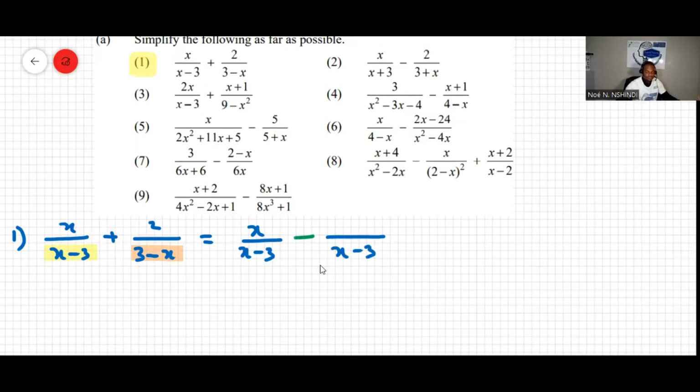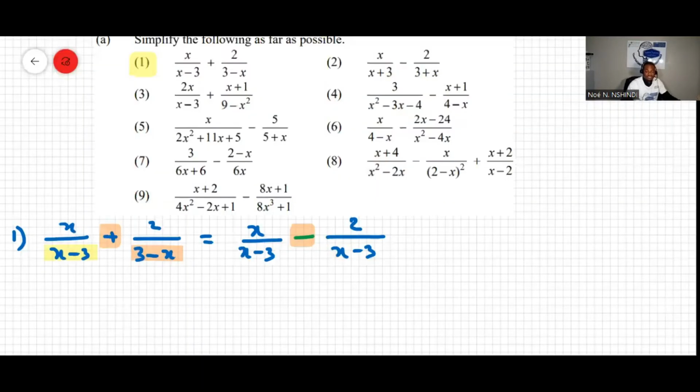This positive sign will be changed to minus, you see, and then the numerator will still remain 2. Now that the denominators are common, they're the same, we can just combine the numerators. So this will be x minus 2 over x minus 3.